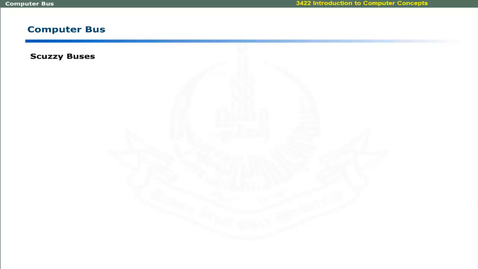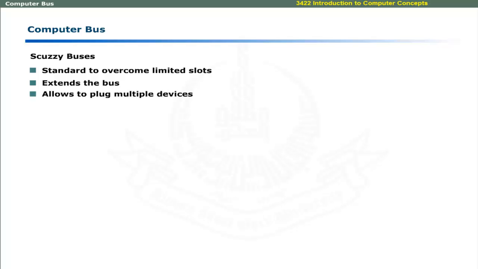SCSI standard was introduced to overcome the limited number of expansion slots on the motherboard. It extends the bus outside the computer by a cable that allows you to plug multiple devices into a single port. This process is called daisy chaining.